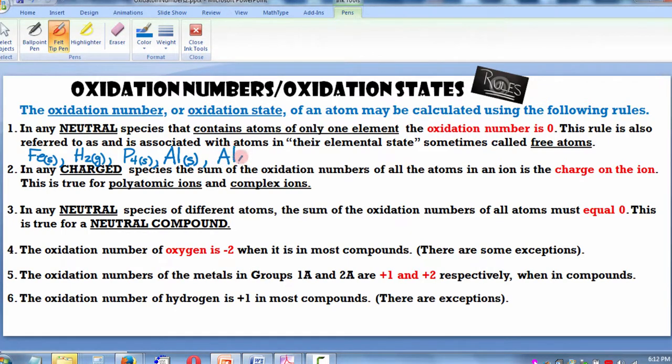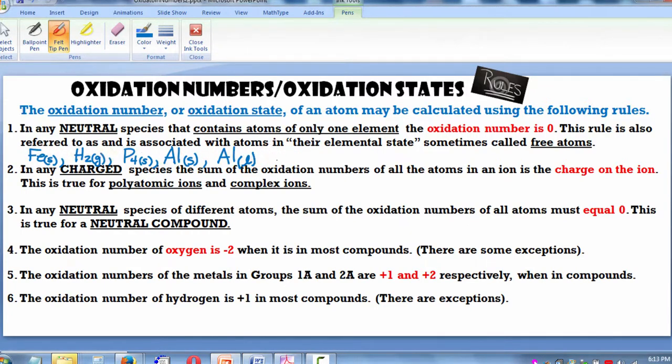Aluminum liquid, L, in its elemental state has an oxidation number of 0.